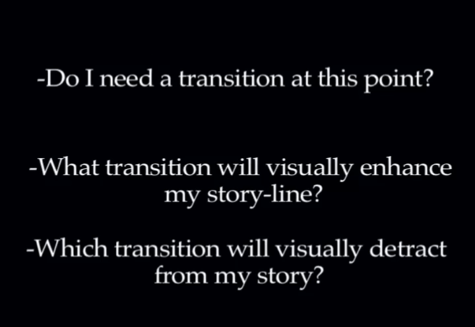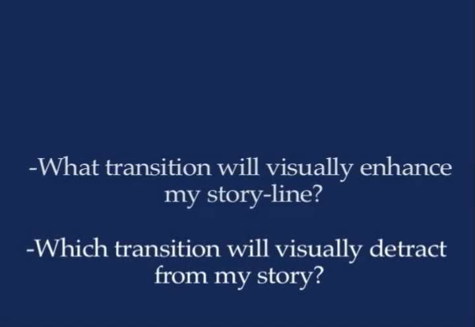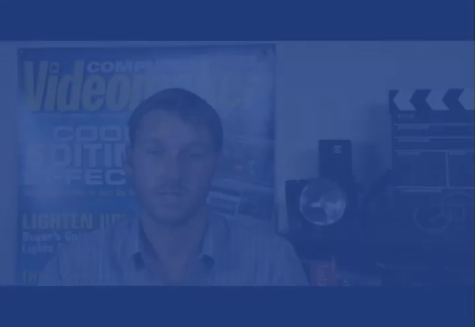Third, what transition would not add to your story? What would detract from it? And then from there, you're probably better off in making the correct determination about what the proper transition is to use. If you can ask yourself these questions while editing your video, it may help you to better understand the language of film and how you would like to use it.